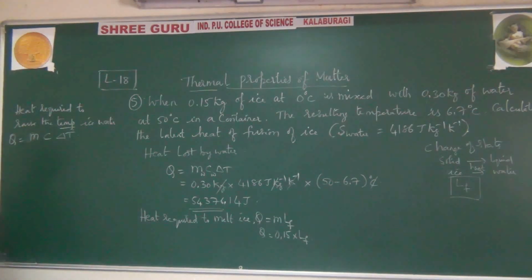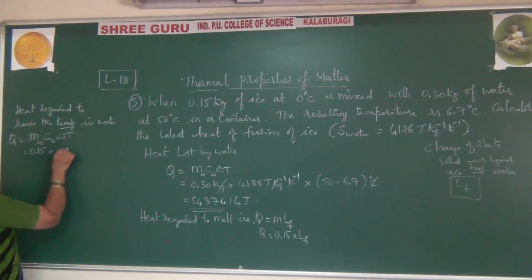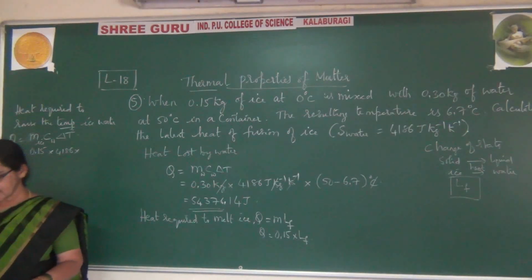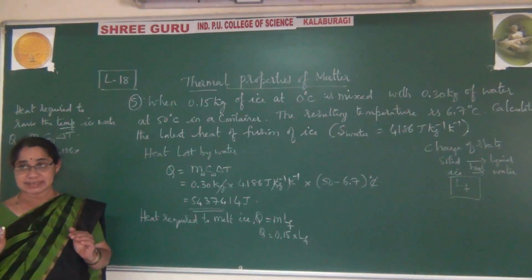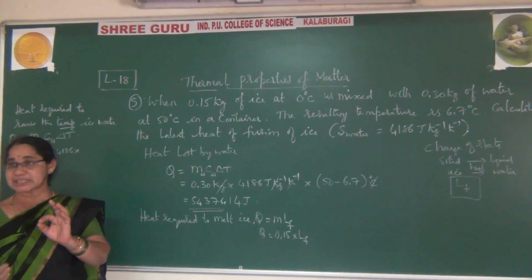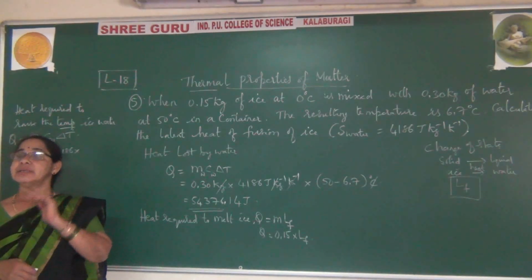What is this mc delta T? Here you are taking the mass of ice, and the specific heat of water, and the difference in temperature. The mixture is there here. So let me write: 0.15 into the specific heat of water, 4186, into delta T. Delta T means the resulting temperature is 6.7 and the initial temperature of ice is 0 degrees centigrade.